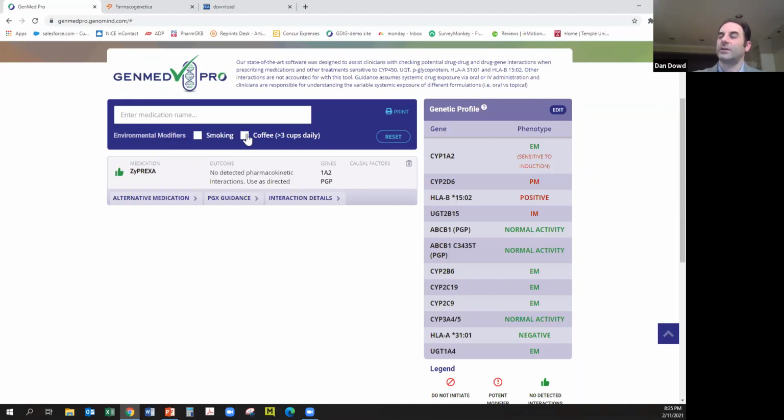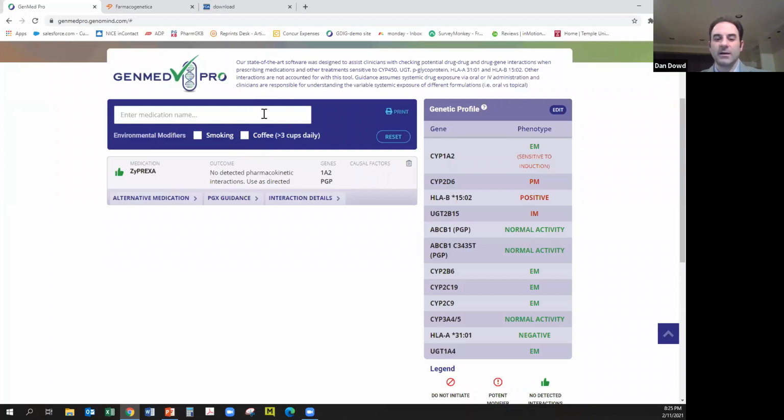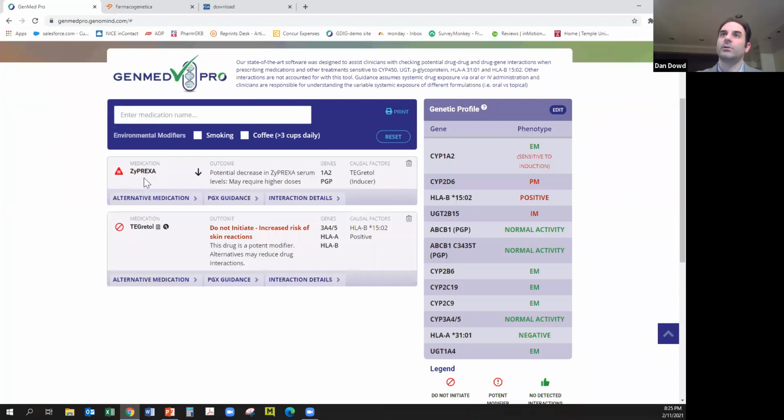If I add coffee on board, and when I say that, I mean greater than 3 cups of coffee a day, that can lower Zyprexa levels also. If I add a medication on board that is an enzyme inducer like Tegretol, well, that will lower Zyprexa levels significantly.